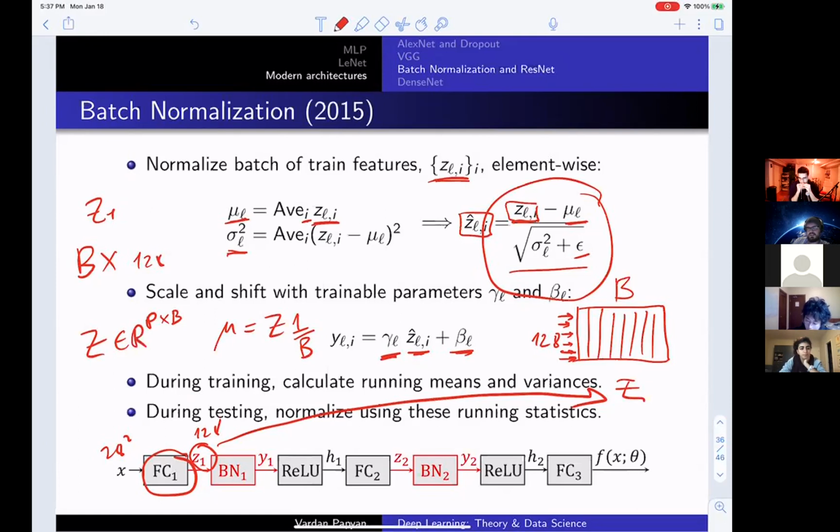So why is this description strange? Does anyone know what's strange about this? What's strange is you start with a z, then you subtract a mean and divide by a standard deviation, so you get something which has zero mean and unit standard deviation. And then you're essentially ruining it by applying another affine function. Doesn't this sound strange to you?